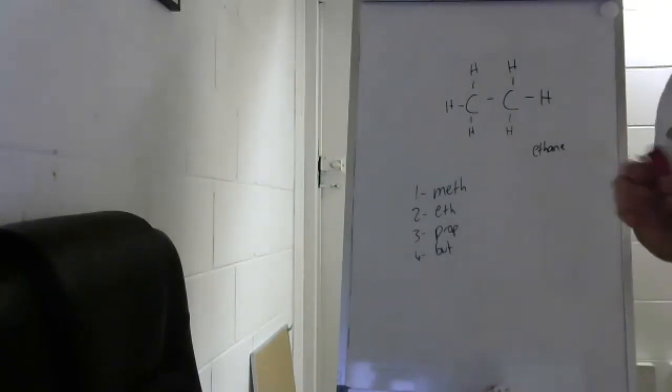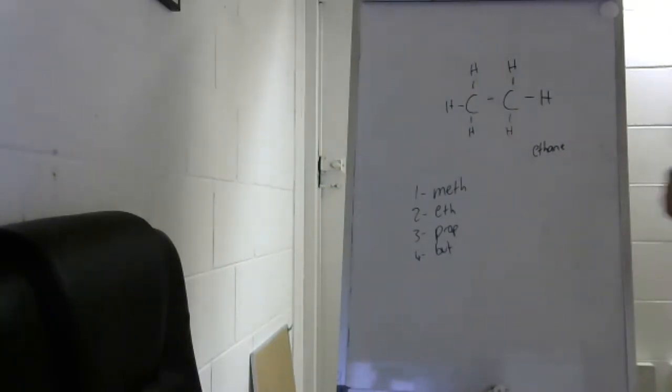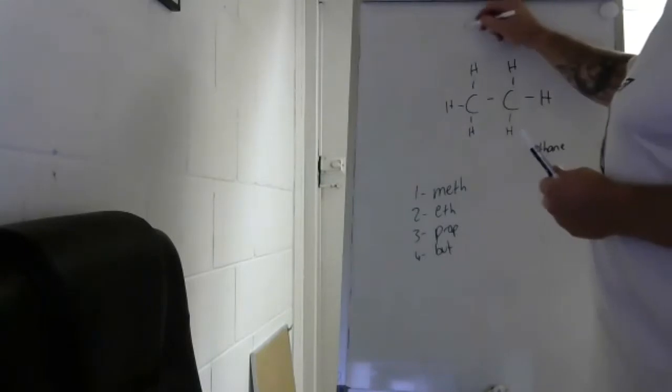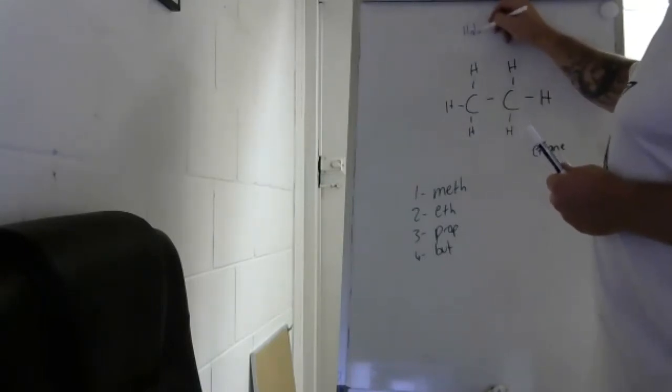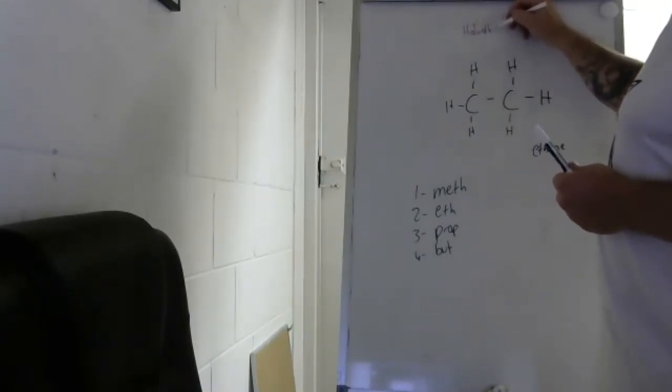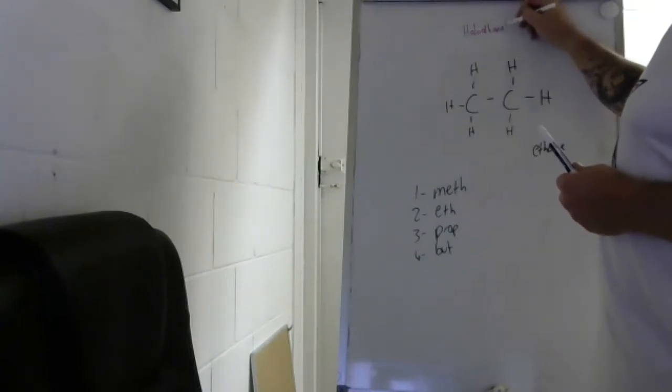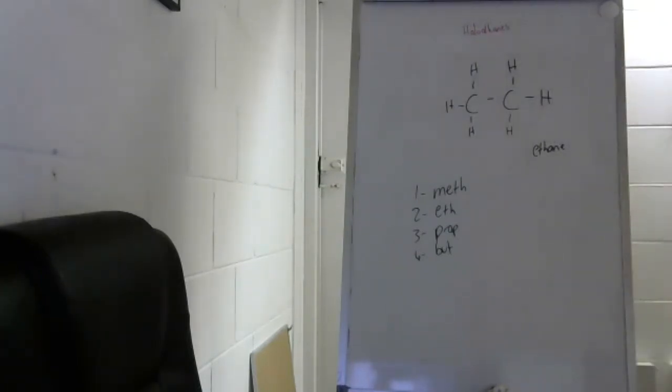But what I'm going to do is add a halogen. So these are our haloalkanes, the halogens being bromine, iodine, fluorine, and chlorine.